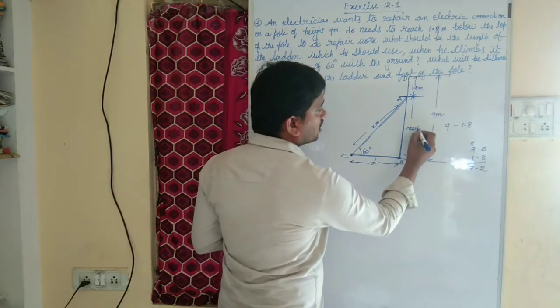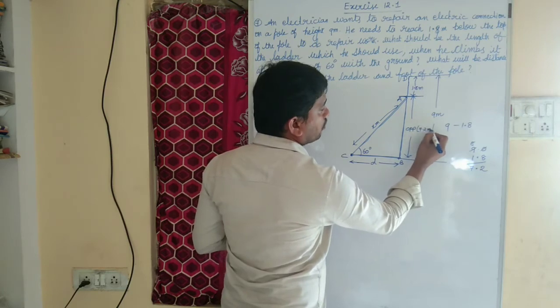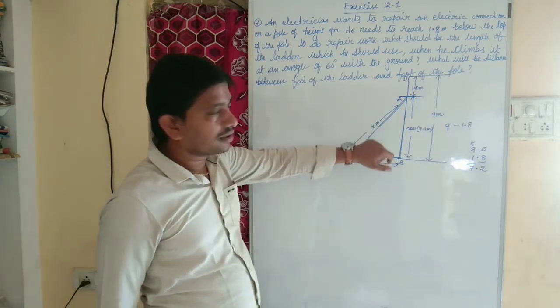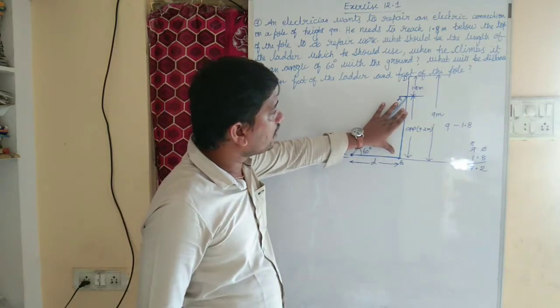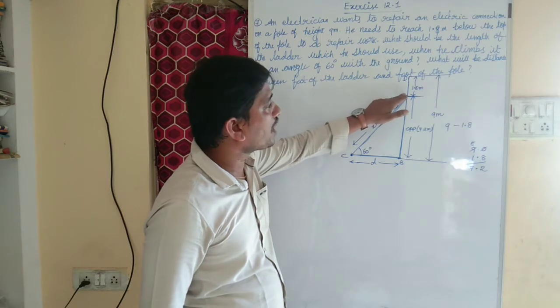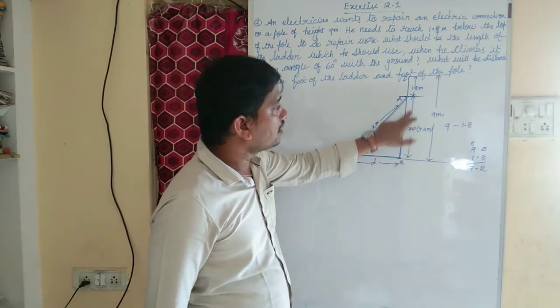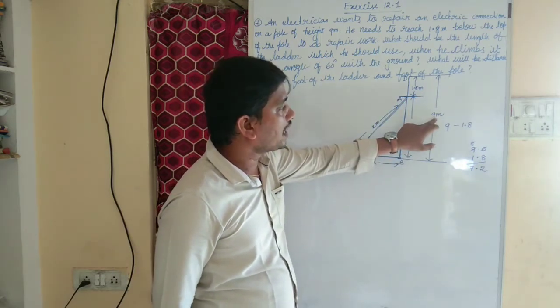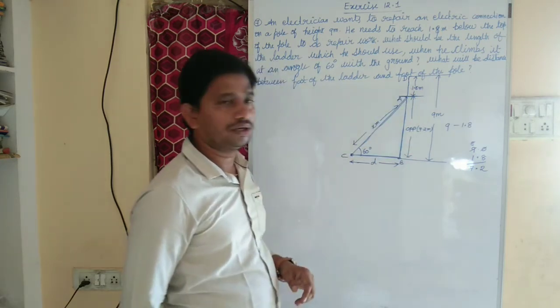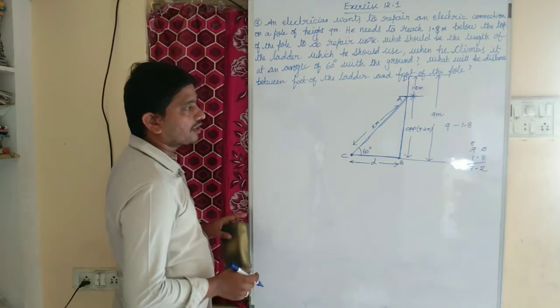So the opposite side will be 7.2 meters. Children, are you understanding? Actually we want the length of AB, not BD, because we place the ladder at this point A. If you want the length of AB, from the total height we need to remove this 1.8, so that you will get 7.2 meters.